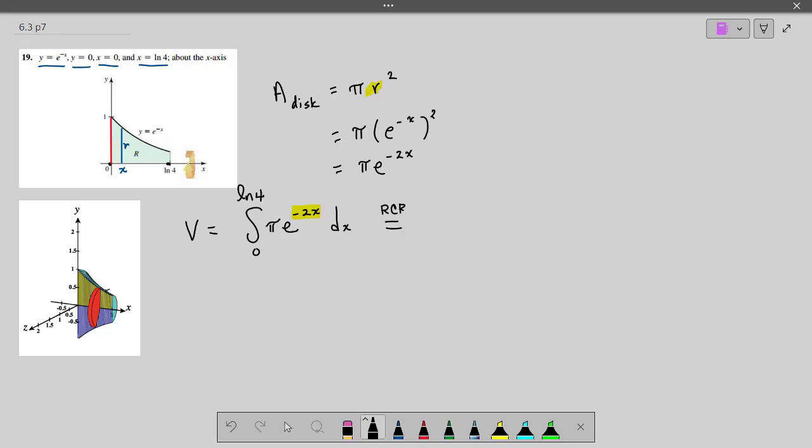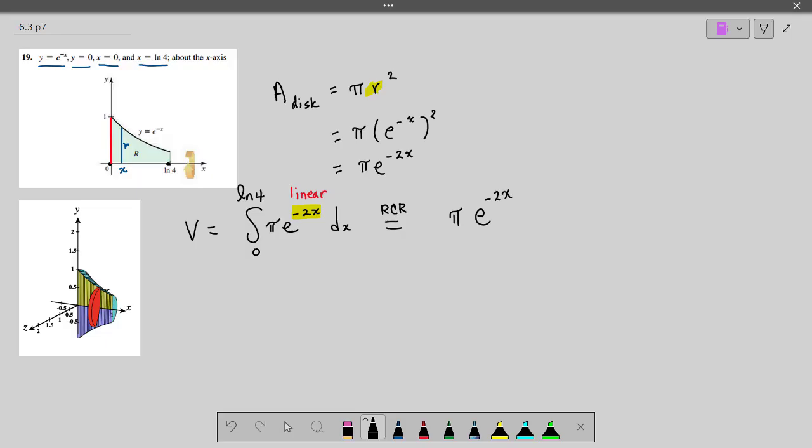So I'm going to use RCR, reverse chain rule. Whenever the substitution is linear, you can do this. So RCR only works when you have a linear substitution. Negative 2x is a linear function. Power is 1. So RCR says we can do this. The pi is a constant multiplier, so it comes along for the ride. The integral of an exponential is itself.